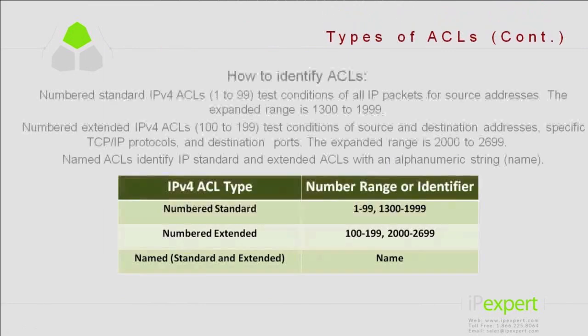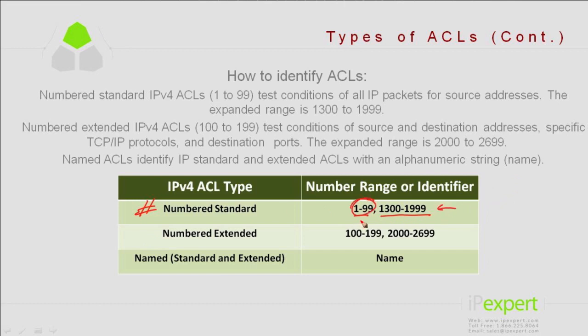But bear in mind, access lists are the primary go-to tool that we're going to use to do a lot of our control and implementation. So when I look at this, the question is how do I know one access list from another? Well, if I'm using a numbered access list, I'm going to be using it in the range of 1 to 99 and from 1300 to 1999. These are referred to as our expanded range.